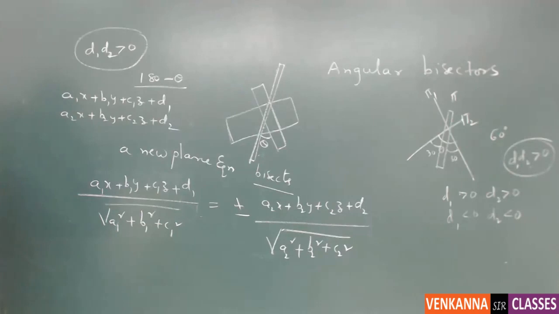While using the plus sign on the RHS, whatever plane equation we obtain always gives the bisecting plane which bisects the angle on the origin side. Okay? Clear? Please let me know. Have you noted the point?